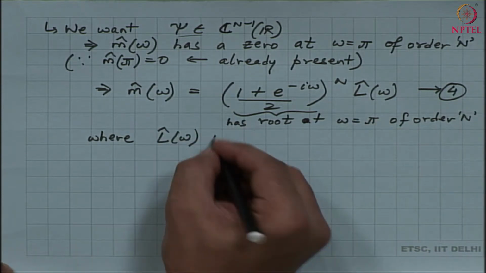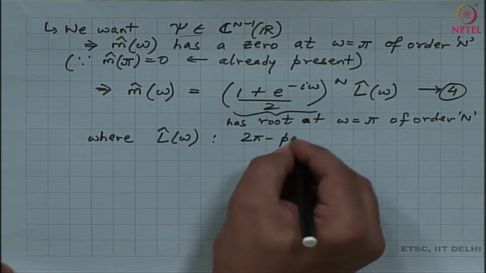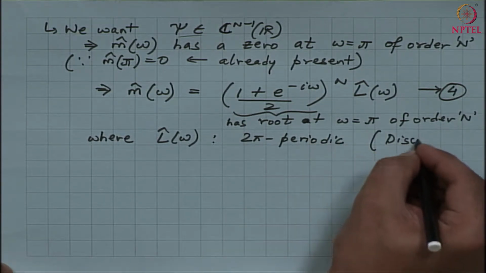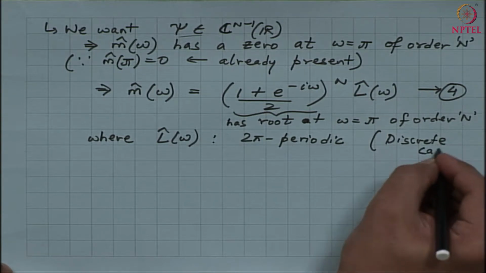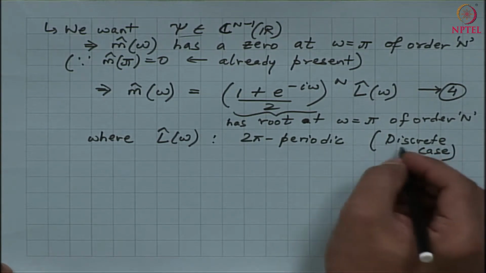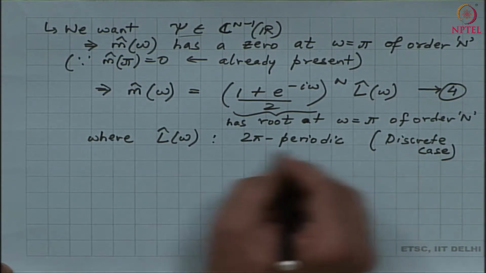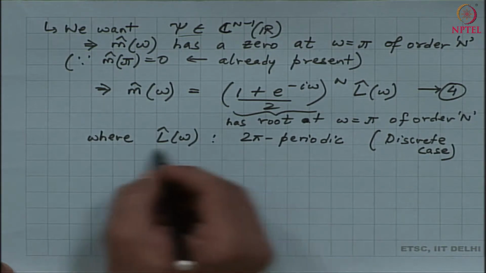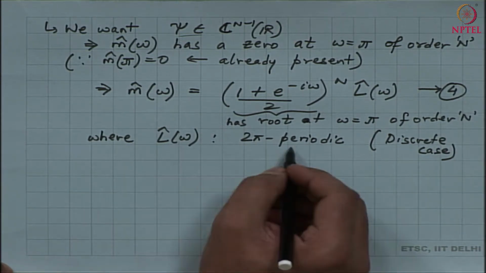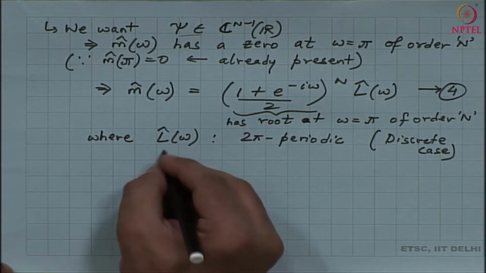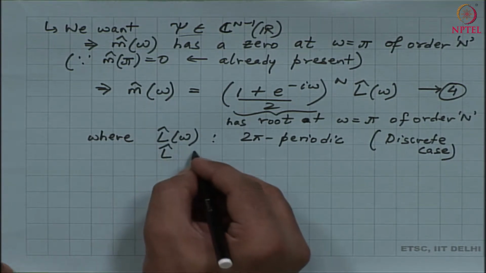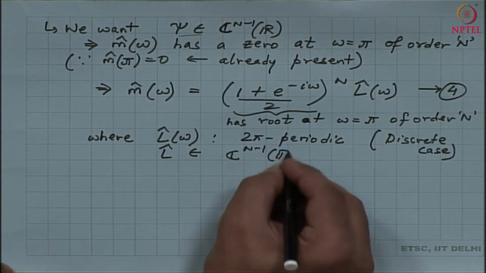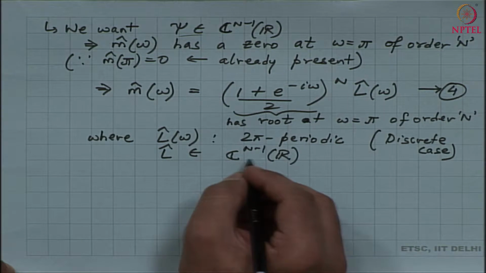Notice that L hat of omega is 2 pi periodic. Why? Because we are working in the discrete case of the Daubechies wavelet, in a 2 pi periodic domain. So, I need that my function L hat omega is 2 pi periodic. Also, ideally my L hat omega must be n minus 1 times differentiable over the complex plane.